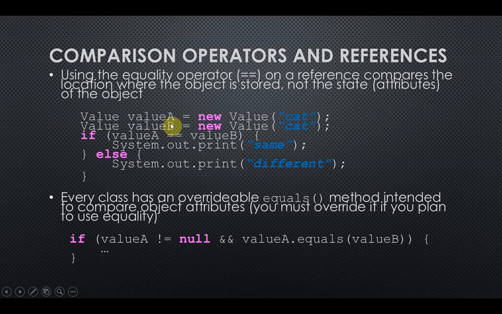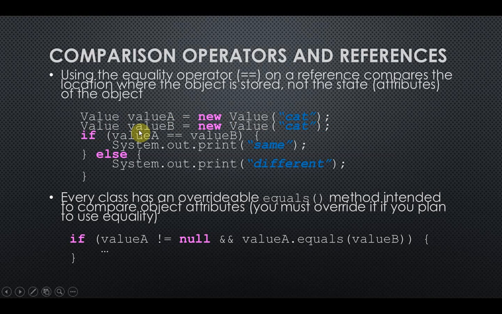I'm creating a reference to Value called valueA. I'm assigning it a new Value. So operator new will create a new instance of Value on the heap and return the address. It's going to use the constructor that takes a string parameter, and I'm passing it cat. So I know that valueA is referring to a Value object whose state contains cat.